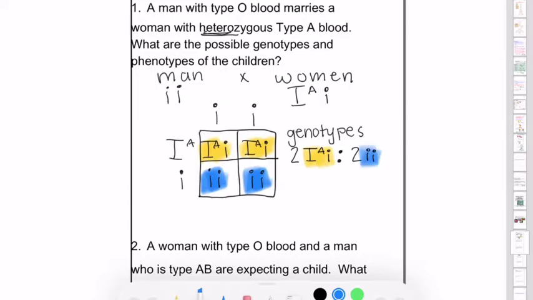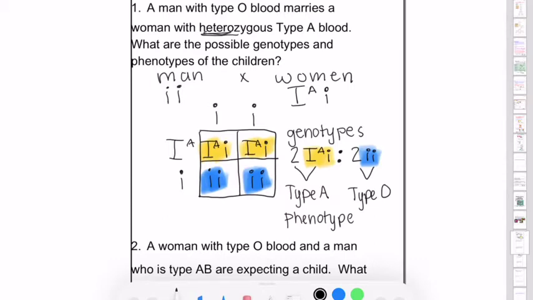All right. As far as the phenotypes, that is what we see with our eyes. So what does that look like with our eyes? Well, it looks like blood type A. So we've got 2 of those, and then little ii is type O, and we've got 2 of those.